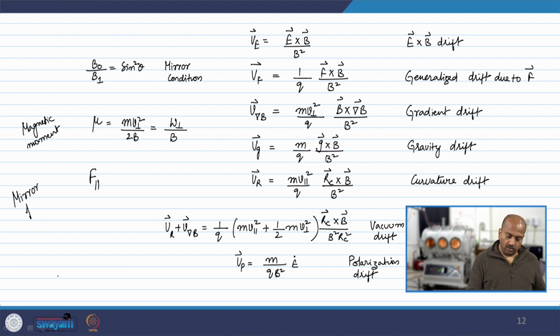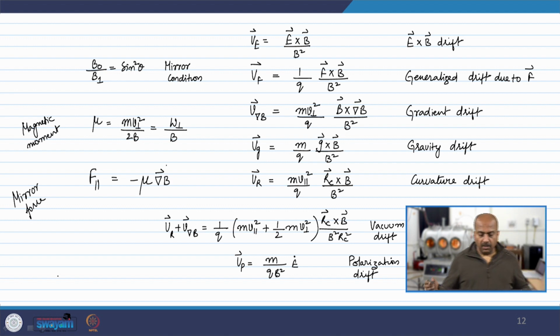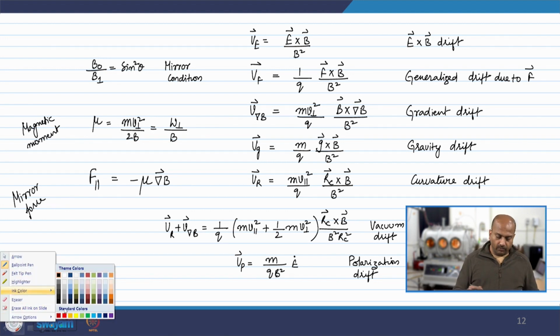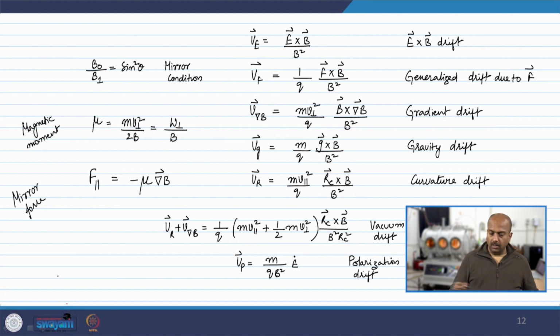So, the mirror force is a very unique thing, because this is responsible for bringing back the particle into the weak field. F parallel is minus mu times del B. You see, del B is there, so F parallel has to be existent, right. So, this is the conclusion of the particle drifts, right.